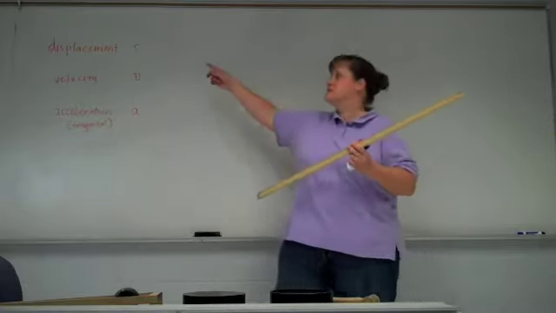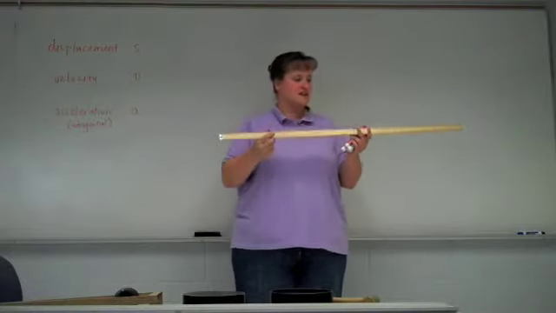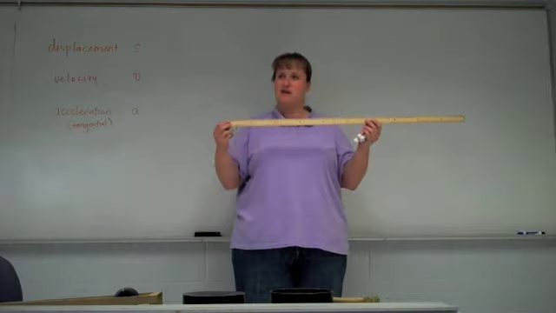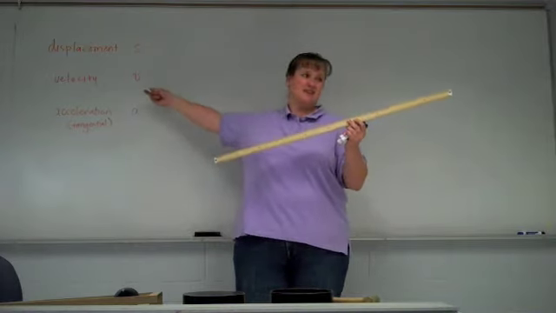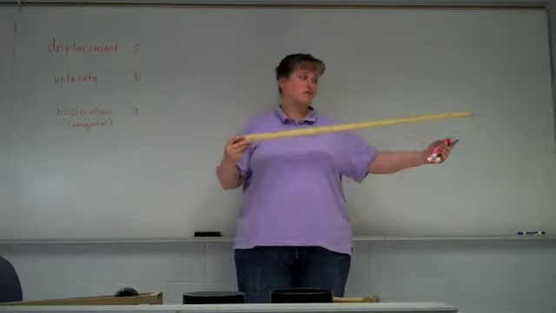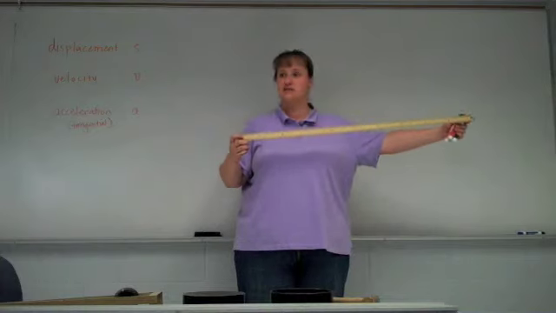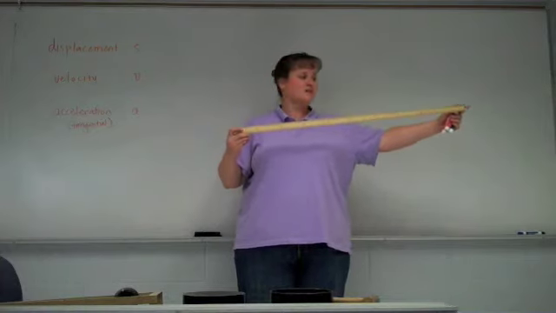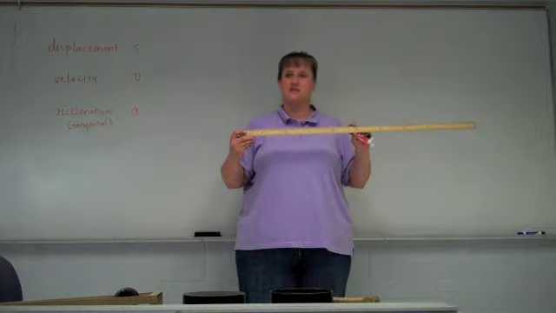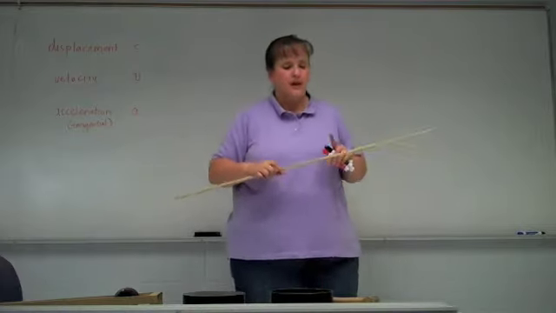So the displacement of any piece of your object here is going to be different depending upon which piece you're talking about. The velocity of any piece is going to be different too. To travel farther, this end of the meter stick has to be traveling faster. So the end of the meter stick will be traveling faster than the middle of the meter stick. And likewise, its acceleration will be different.